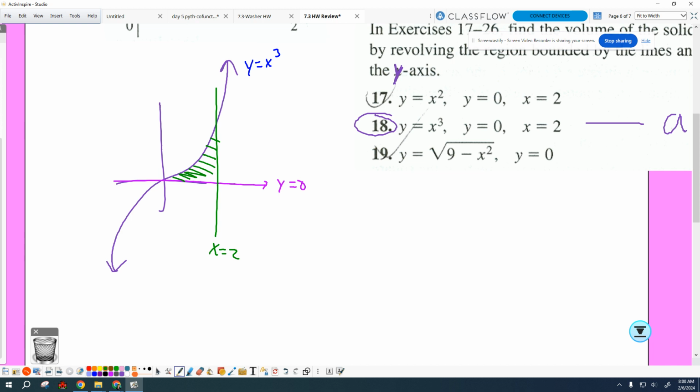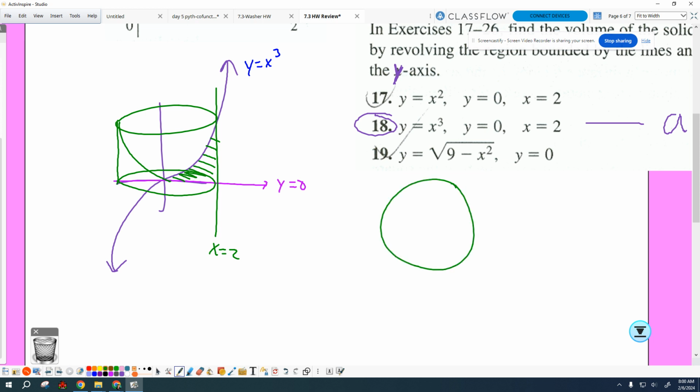Okay, and then I asked for that to be spun around that guy. As you guys said, there's a hole in it.